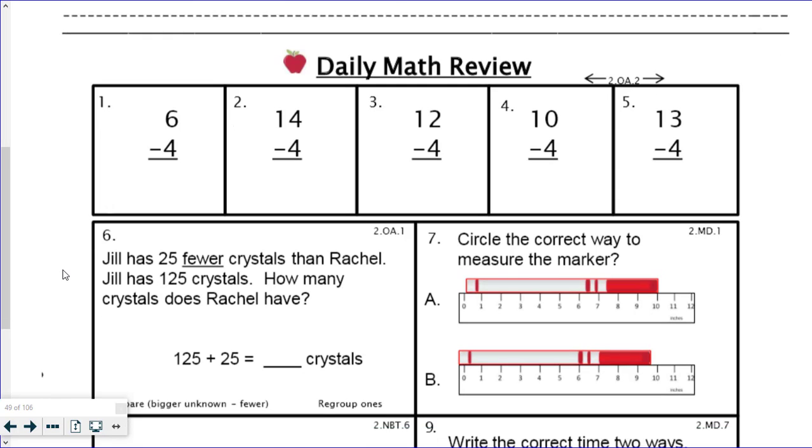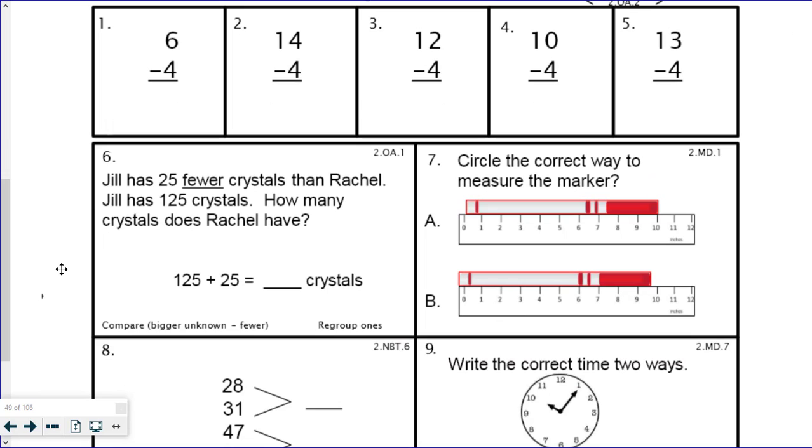Number 6, Jill has 25 fewer crystals than Rachel. Jill has 125 crystals. How many crystals does Rachel have? So Jill has 25 fewer crystals than Rachel. Okay, so Rachel has, let's make a blank. She has some crystals.